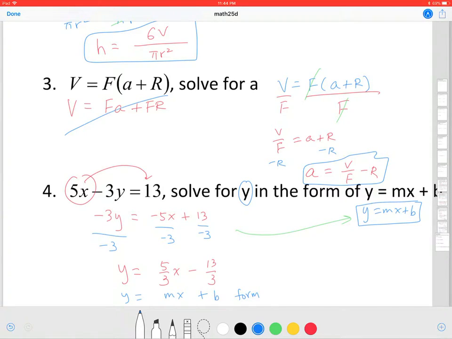I know it doesn't really look like it, but 5/3 is my m, the coefficient of x, and b is negative 13 over 3. Again, a few videos down the line, you'll see why I'm splitting the mx and the b separately. So our final answer, let me write this out, since it looks kind of confusing: y is equal to 5/3 x minus 13 over 3. That is our final answer.